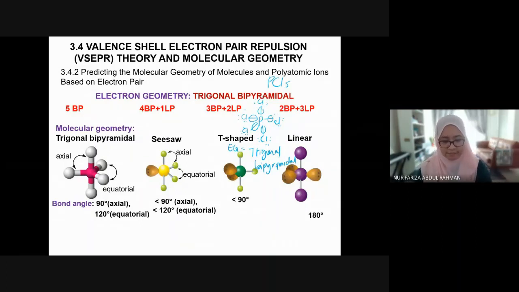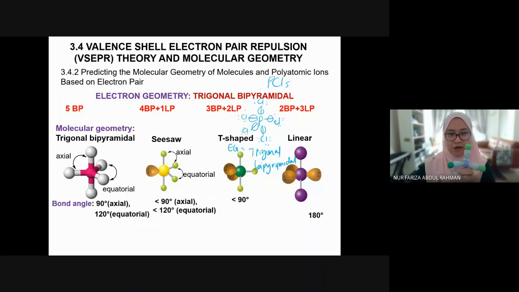The reason it is named as trigonal bipyramidal is because trigonal means it has 3 sides. Bipyramidal, the suffix used is bi. Bi means dual. Pyramidal means pyramid. So we have 2 pyramids having 3 sides.